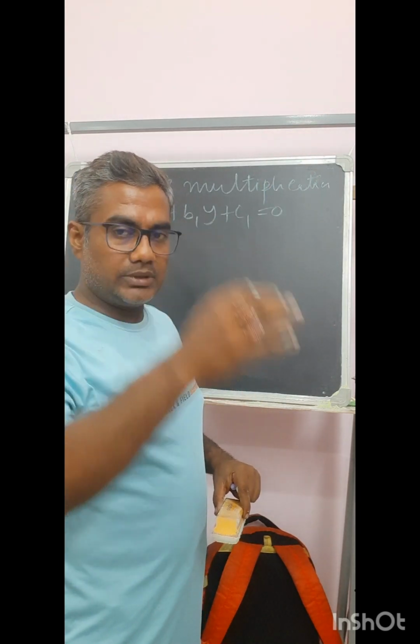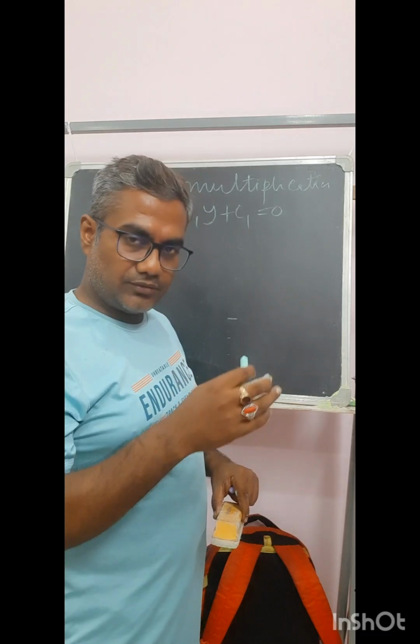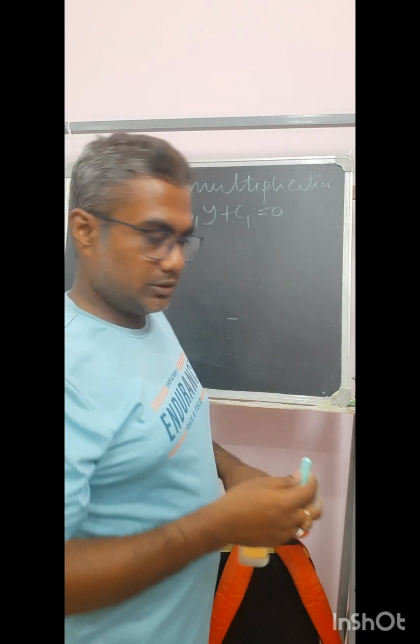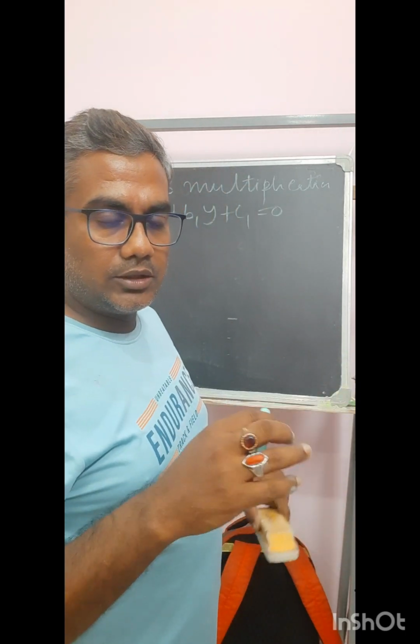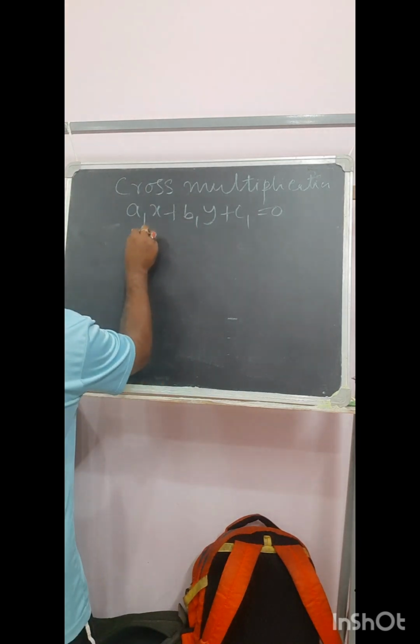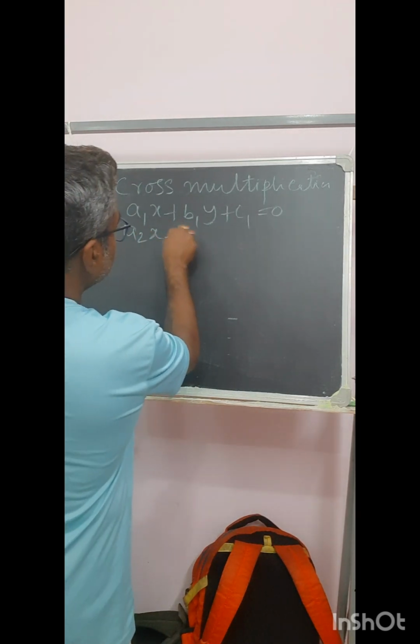Rather, if you remember that empirical formula, or the relations between the variables and the constants, it will be easy to get the answer in a shorter time. Okay, so this is the generalized equation I am taking.